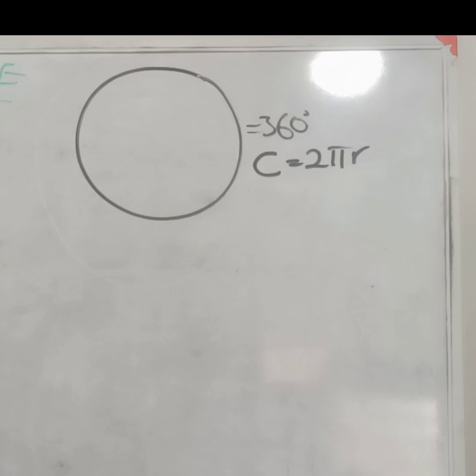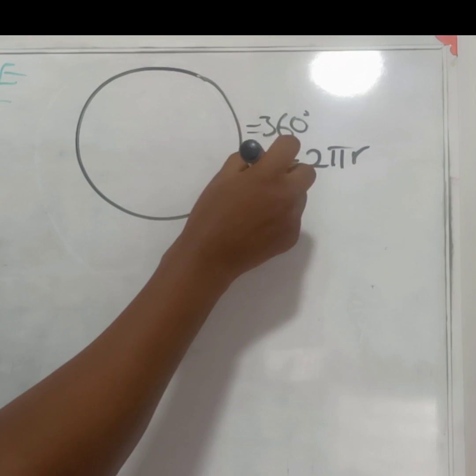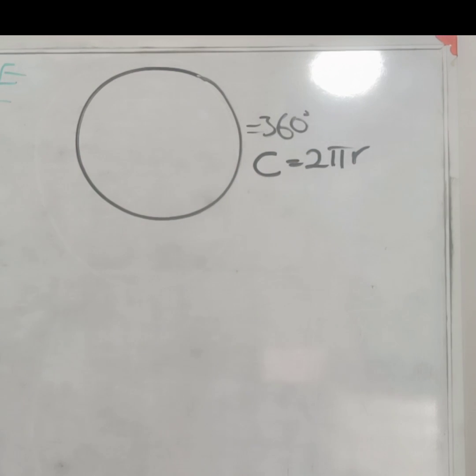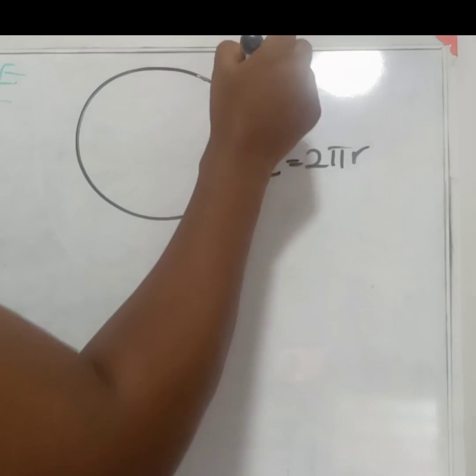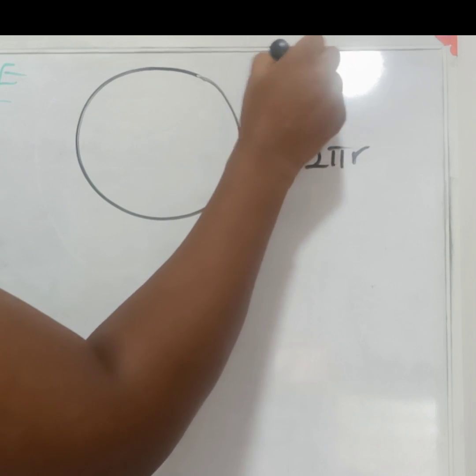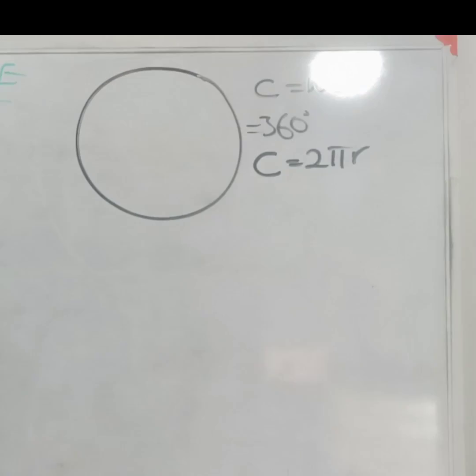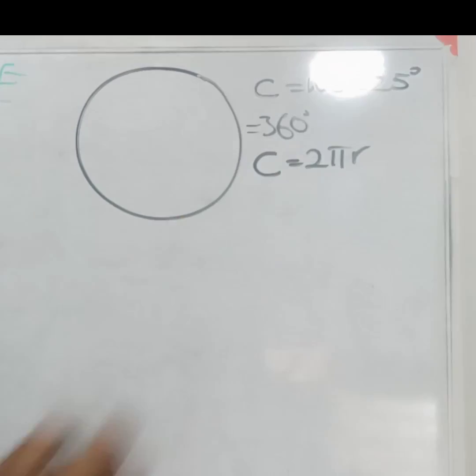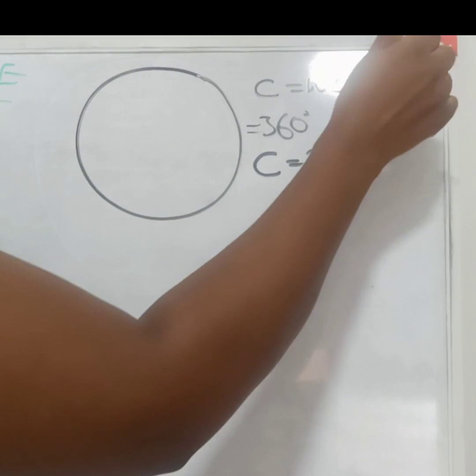We are asked to find r. So if you already know the circumference, then you can easily calculate r. So for this illustration, the C is going to be the waist, which we are using as 25 inches.